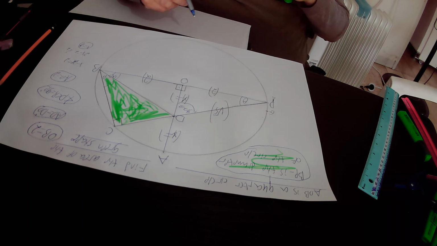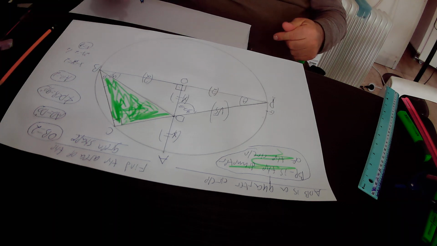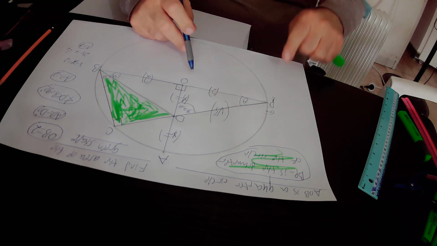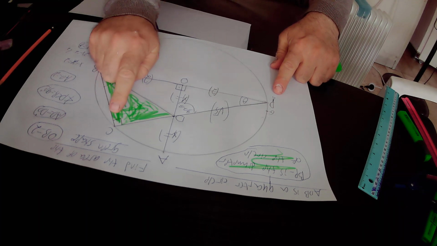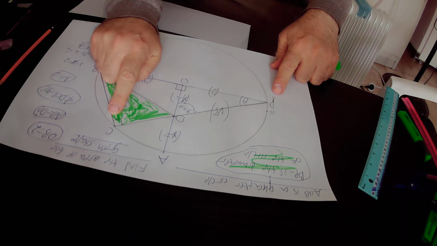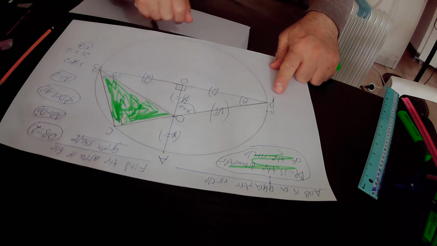And it is also equal to PO. PO is 2 over PC. PC in total equals the square root of 5 plus DC.